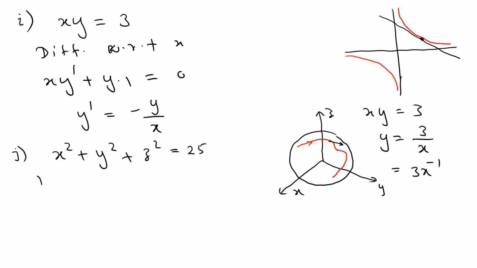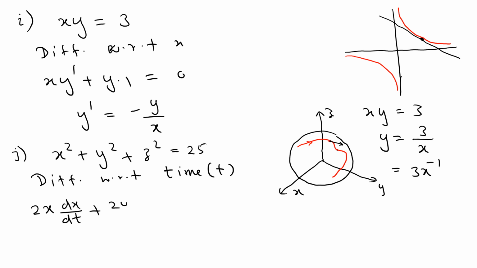So what we're going to do is differentiate with respect to time, so the variable is t. If you take the derivative with respect to t, it is x, so we do the x first, and then multiply by the derivative of x with respect to time.